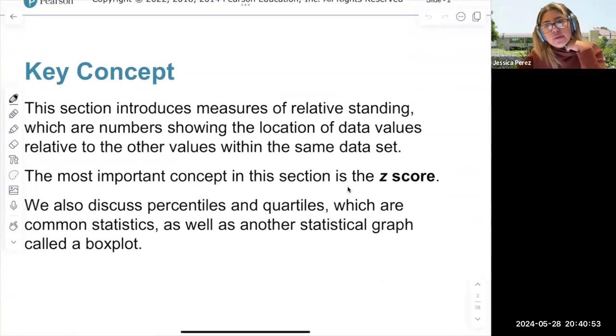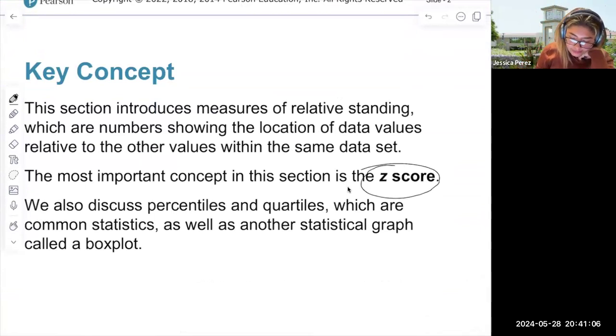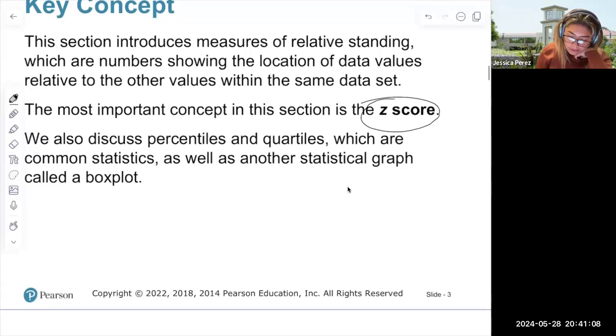This section introduces measures of relative standing, which are numbers showing the location of data values relative to one another. The most important one is the z-score. We can also discuss percentiles and quartiles, which are common in statistics, and we can find them using our calculator.